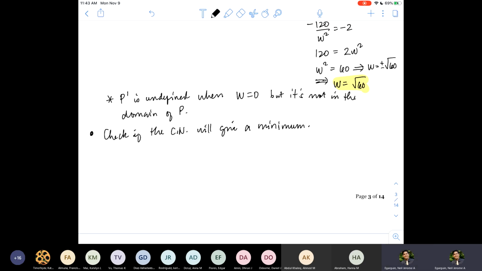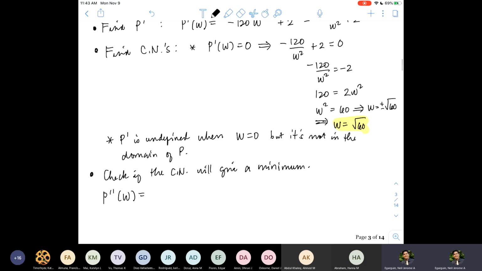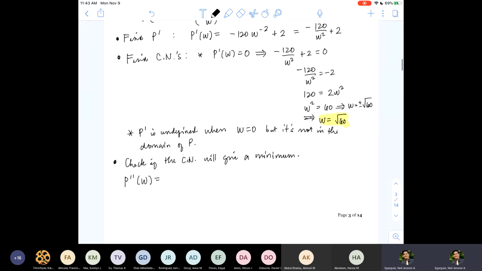And again, I'm going to use the second derivative test. So I need P double prime. P double prime would be 240 W to the negative 3. And then if I plug in root of 60, actually, you don't need the exact value.